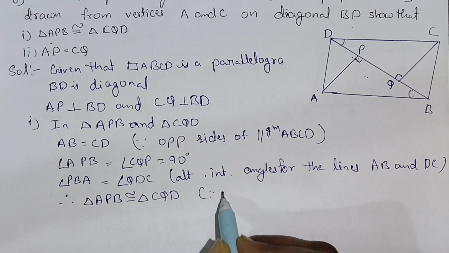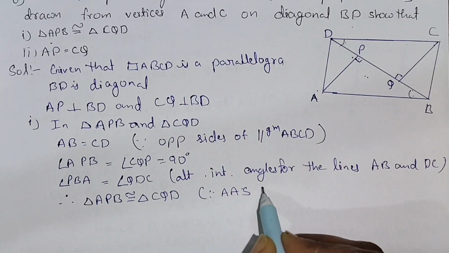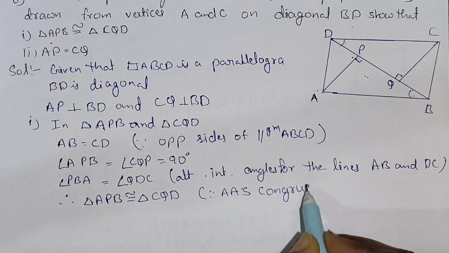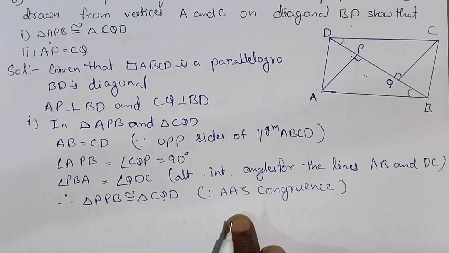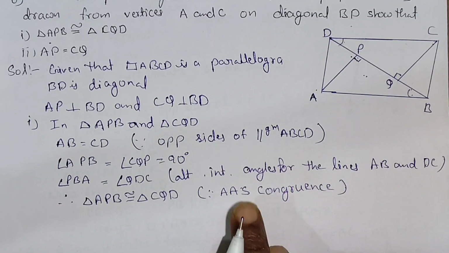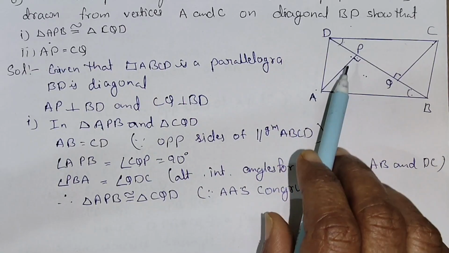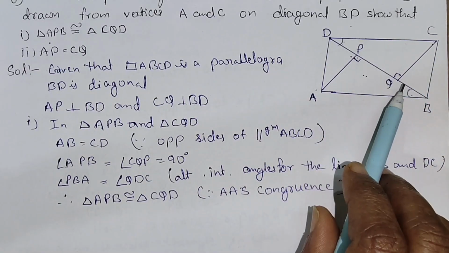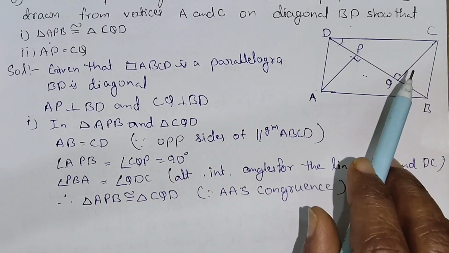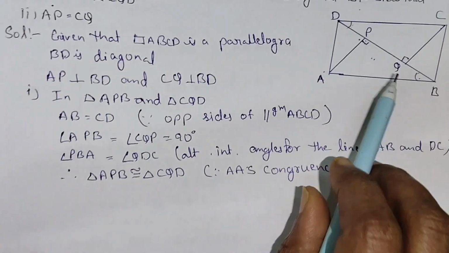So by AAS congruence, these two triangles are congruent. This is the first proof. Since these two triangles are congruent, AP equals QC, because these are corresponding parts of congruent triangles. So we write the second answer easily.